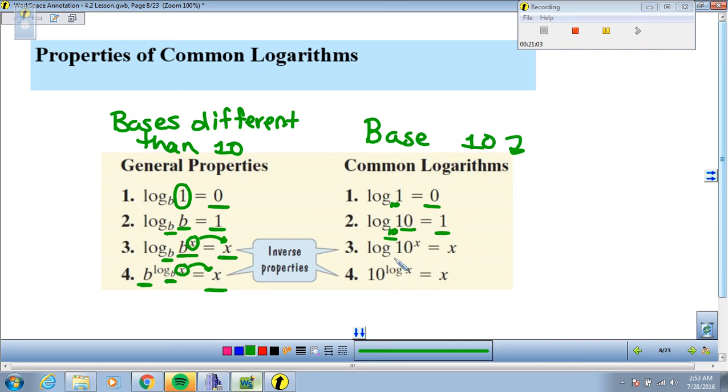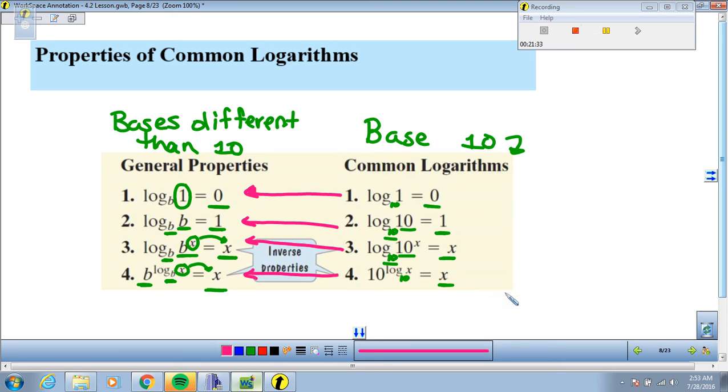If you have a logarithm of base 10 and then this base and this are the same, the answer is x. You see how these are the same formulas in reality, but this is for when the logarithms have a base that is not 10, and this is when the bases are going to be 10. So 10 raised to the logarithm base 10 of x, the answer is going to be x.